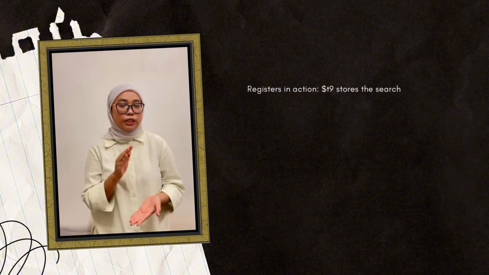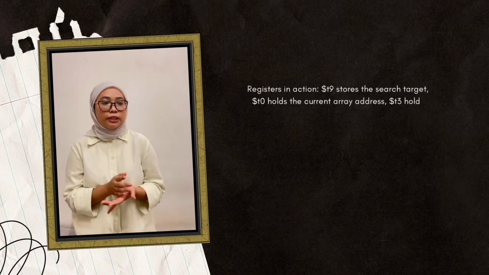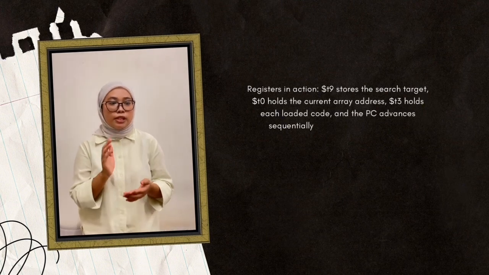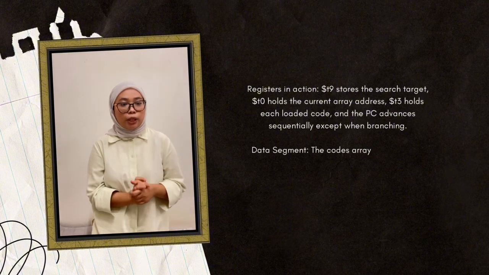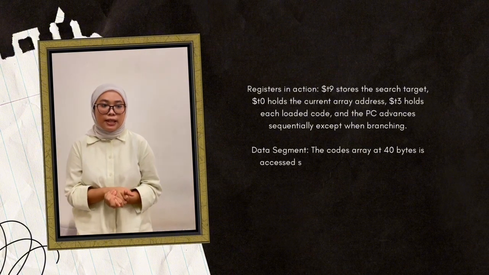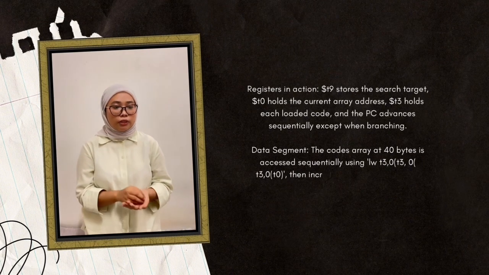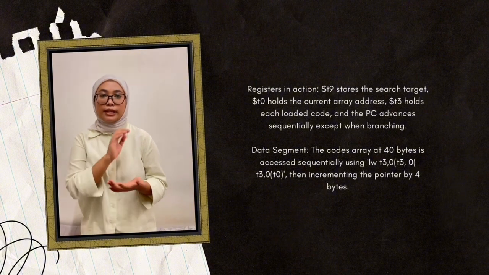Registers in action. T9 stores the search target. T0 holds the current array address. T3 holds each loaded code, and the PC advances sequentially except when branching. Data segment: the codes array of 40 bytes is accessed sequentially using LW T3 0 T0, then incrementing the pointer by 4 bytes.